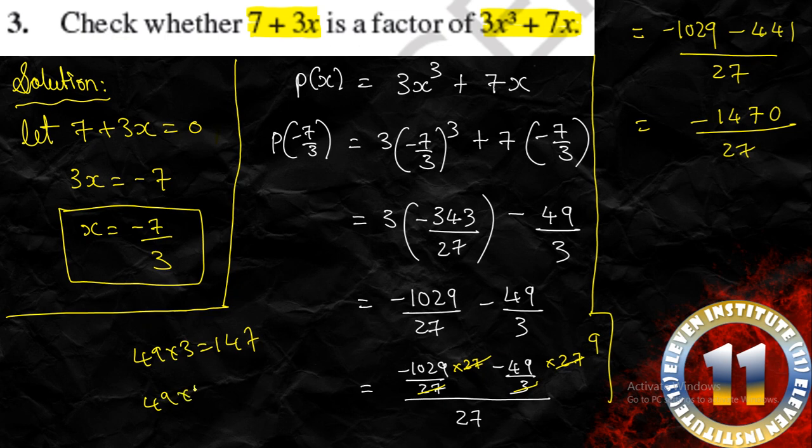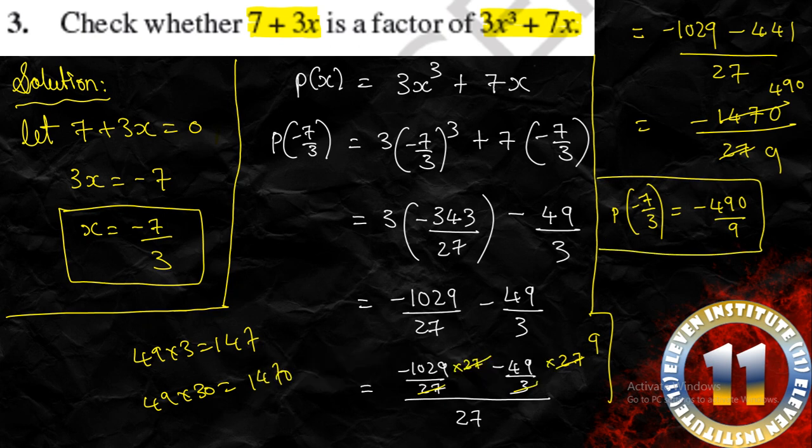So 49 into 30 will give us 1470. Right, so here we have 3 9s are, and here we have 3 490s are. So this is our final answer, minus 490 divided by 9. What is this? This is P of minus 7 upon 3.